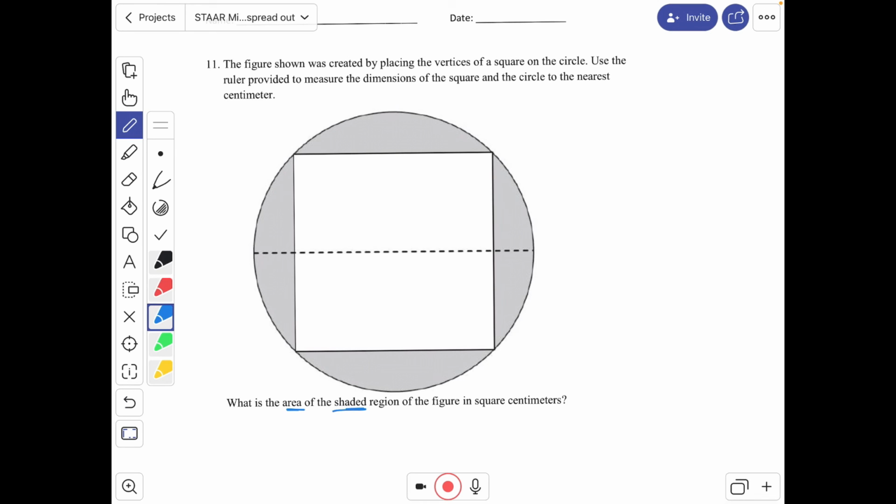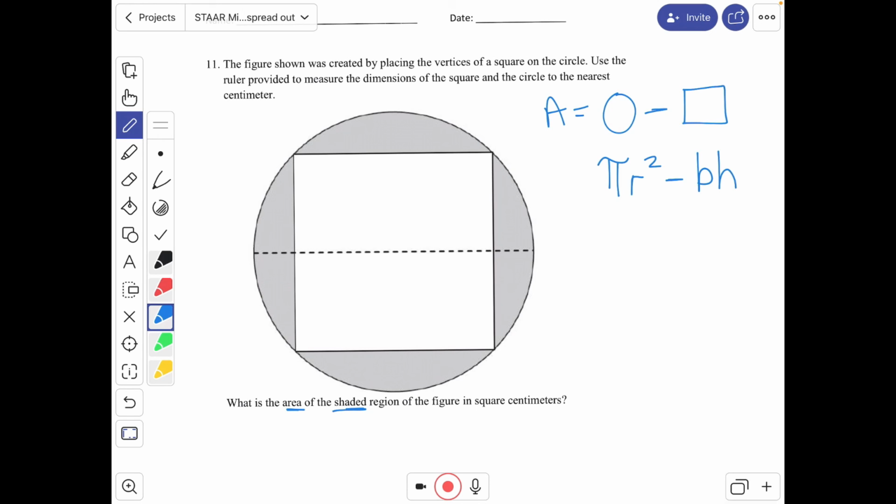So to figure that out, we're going to need to find the area of the circle and subtract the area of the square. Well, area of a circle is pi times radius squared, and area of a square is base times height. So I need to find the measurement of the radius and find the measurement of the base and height of the square.